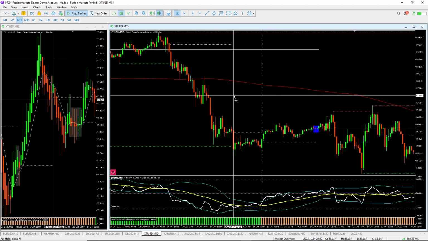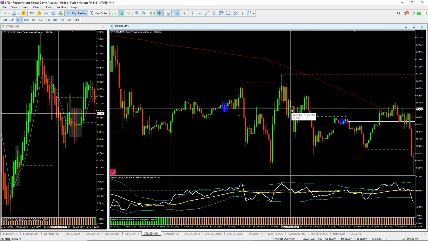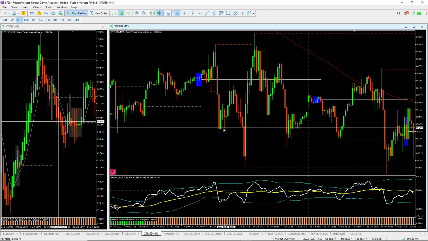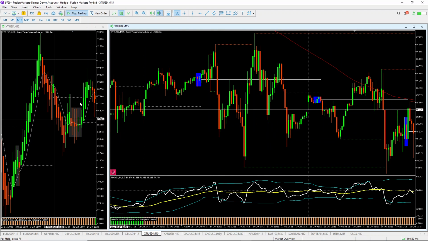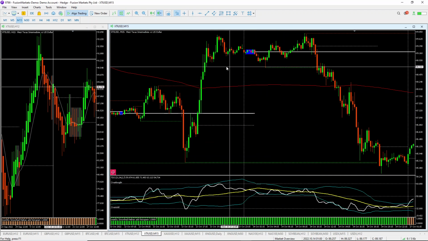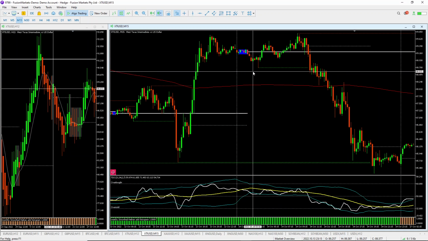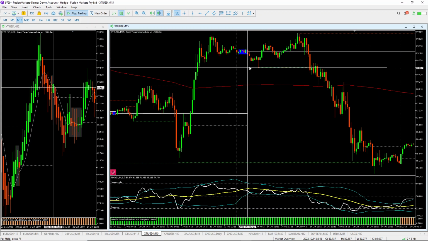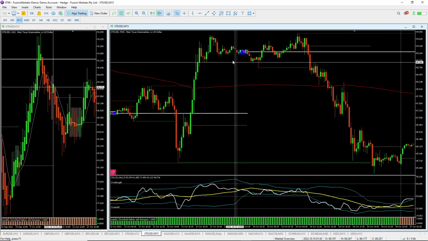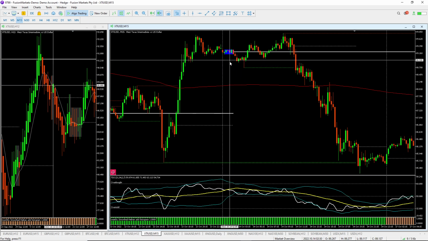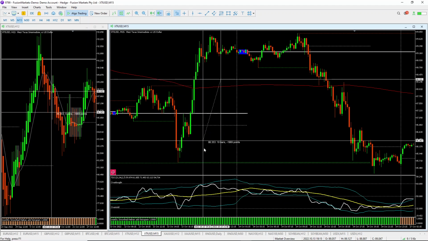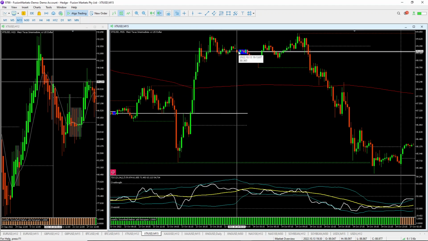If you have ever wondered why your trades aren't working out, it's because you are trading against the higher time frame. Simple as that. You see here that just that one candle that turned green there, we are trending down, we are below the moving average, and this is that spot where it was just a small retracement on the trend, right?